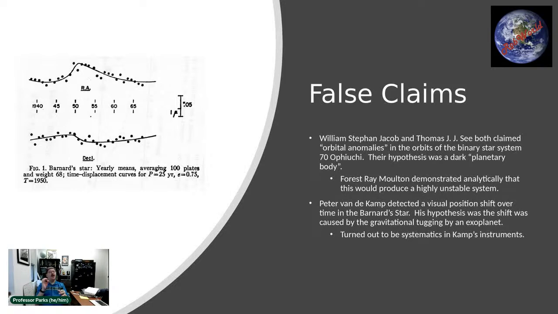If there is another body throwing its gravity around, it's going to cause that period to change over time. It's going to cause those eclipses to change over time. And so what Jacob and C saw was that 70 Ophiuchi did not behave regularly. It did not behave as if there were two objects there.